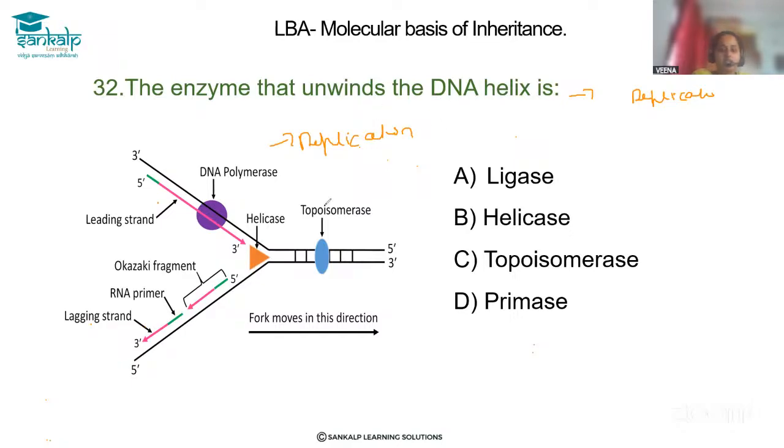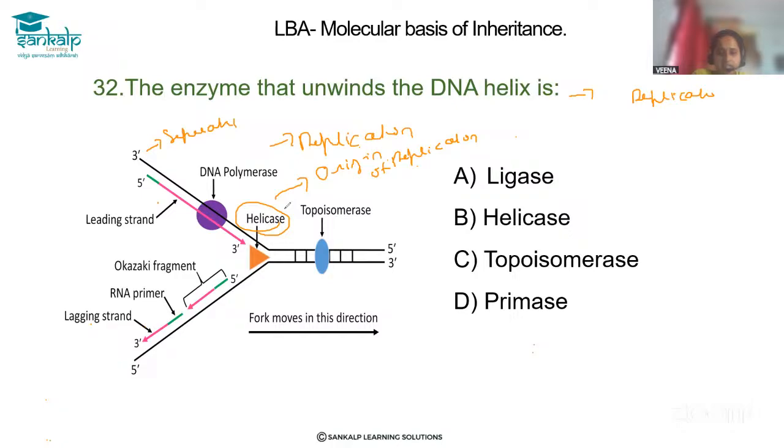Already you know that there is an enzyme called helicase, which recognizes the origin of replication, and then it unwinds the DNA strands like this. That means it separates the DNA strands.